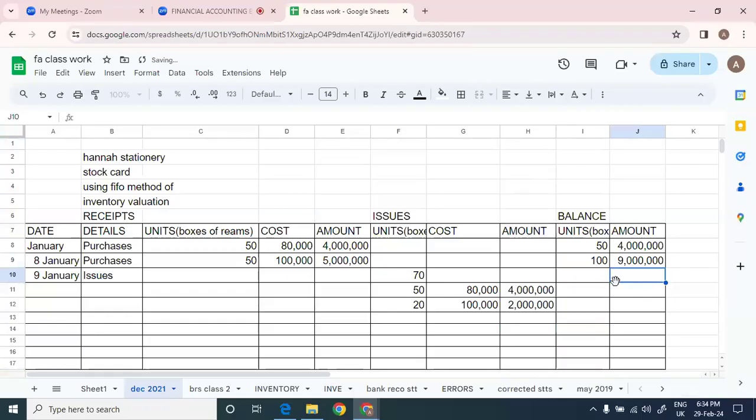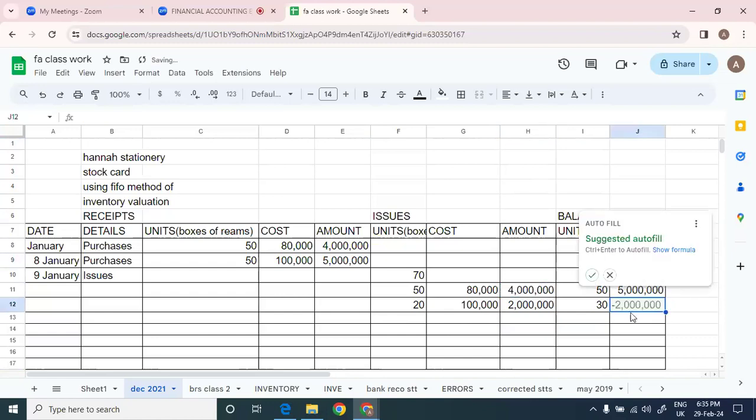So from there, we come here on our balances. When I get 100, I remove the 50, I get 50. When I again still on the units, I get my 50, I remove my 20, my balance is 30. I come to the balance of amount. When we get 9 million, I remove 4 million, I remain with 5 million.